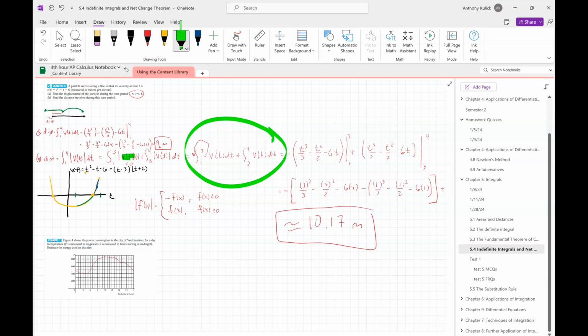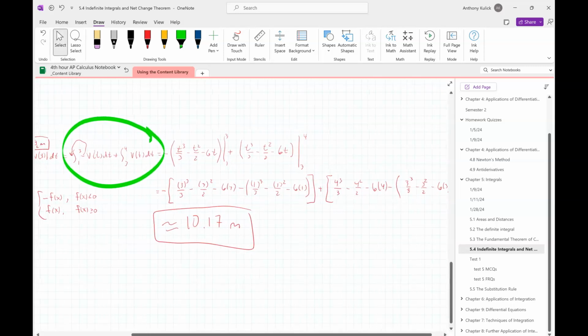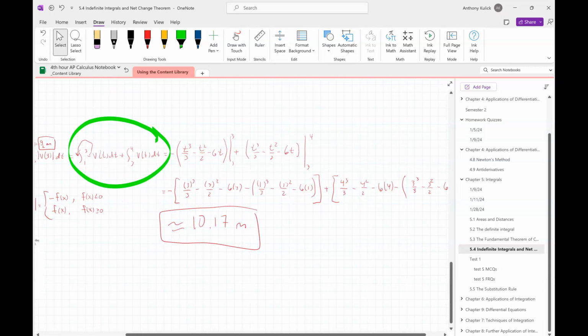I'm never going to do a definite integral by hand if I'm allowed my calculator. I'm just going to let the calculator handle it unless the directions specifically ask to show all of my work. In which case, I'm just going to use it as a checker. Then I'm still using my calculator to do it because at this step, I'm not doing that stuff by hand. I'm just typing in my calculator and doing the integral. Does that feel okay, though?